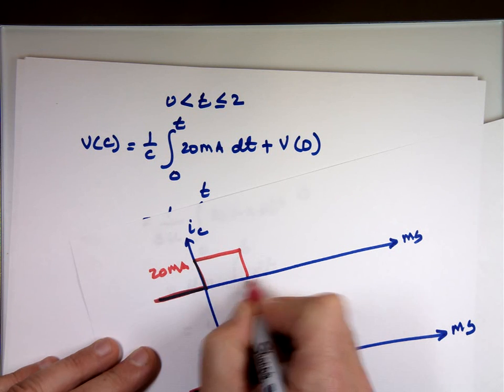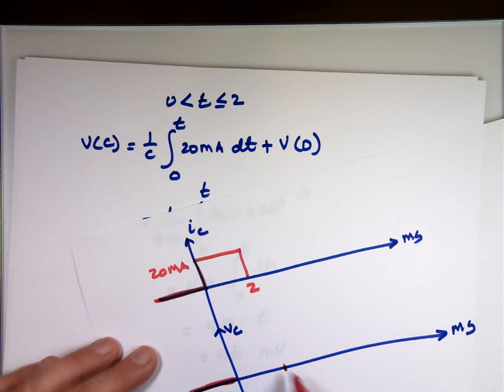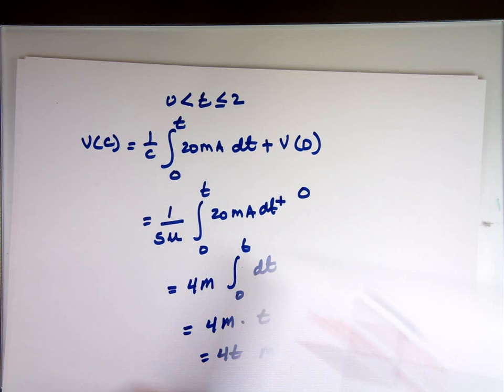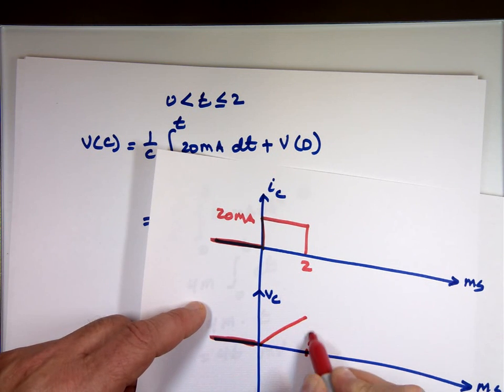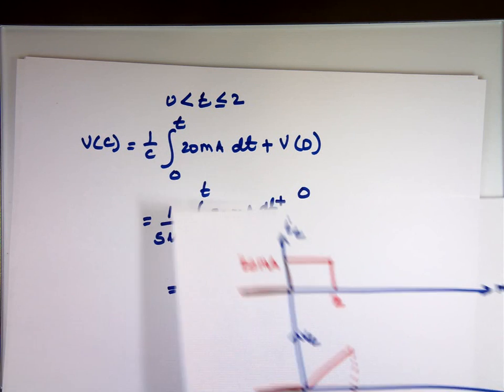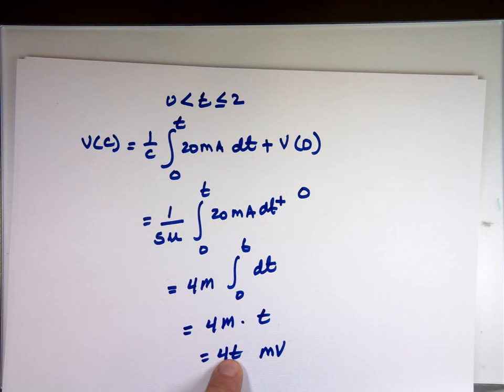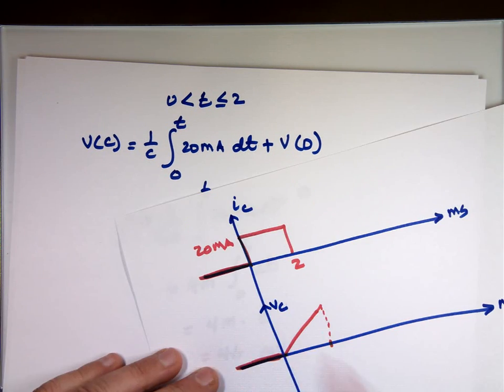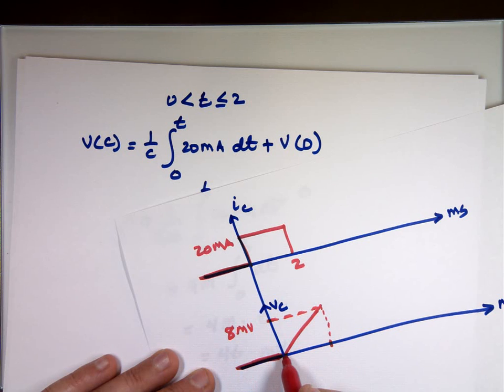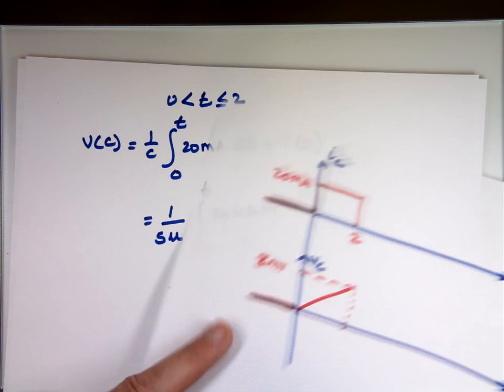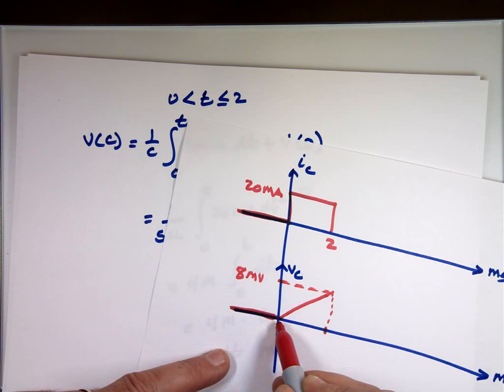This is 2 milliseconds. The voltage is going to be 4 times t, a straight line. It looks like this. And what's the highest value of that? When t equals 2 here. What's 4 times 2? 8 millivolts. When it's 0, what's 4 times 0? 0. It's going to be a straight line, 0 to 8.